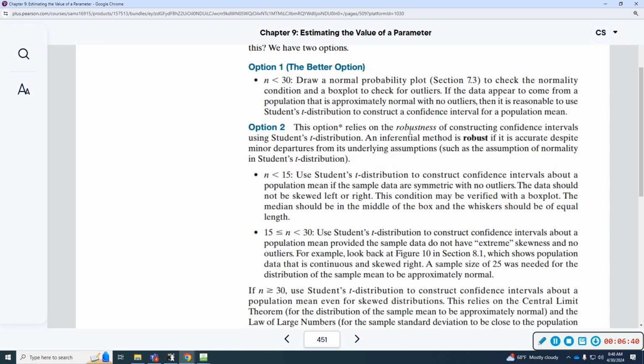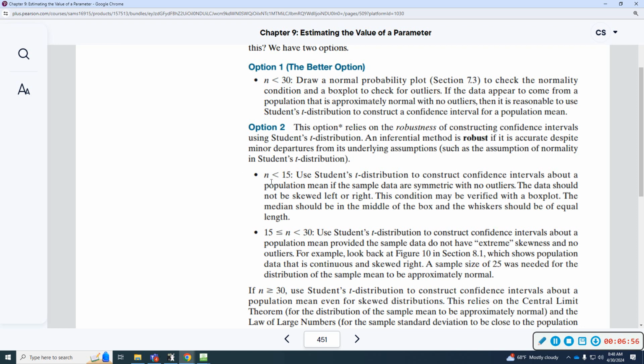Option 2, robustness of constructing confidence intervals. An inferential method is robust if it is accurate despite minor departures from its underlying assumptions, such as the assumption of normality in the student t-distribution.